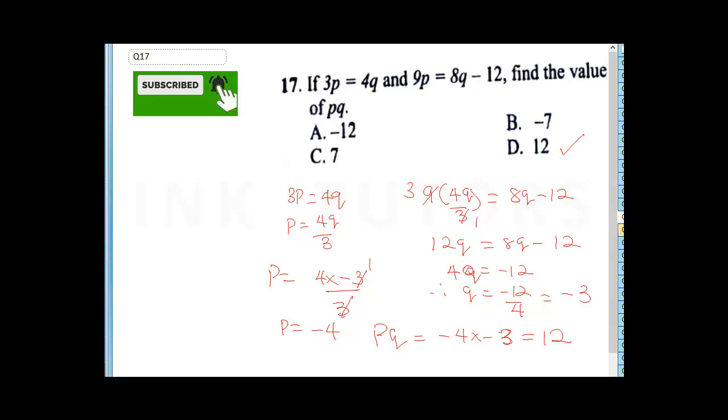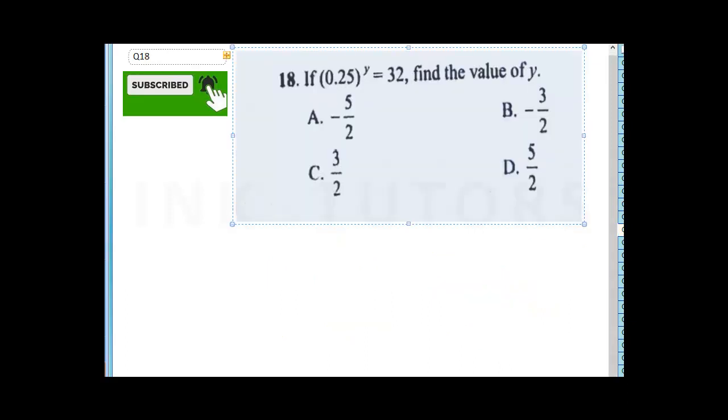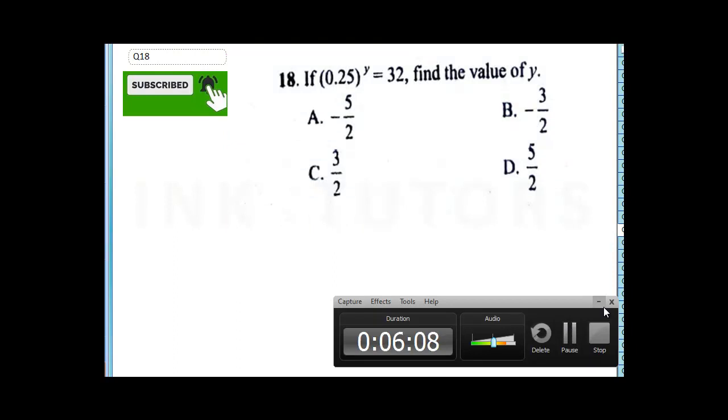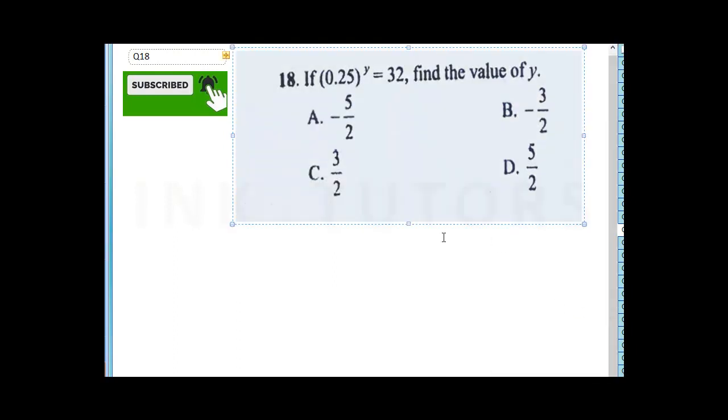Okay, the next question says, this is an indices question. Looking at it, if 0.25 raised to power y is equal to 32, express everything in index form. First of all, the first thing you need to do is convert 0.25 to a fraction. 0.25 is a quarter.